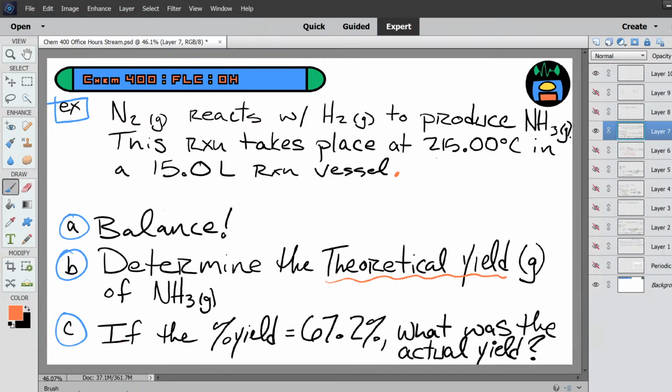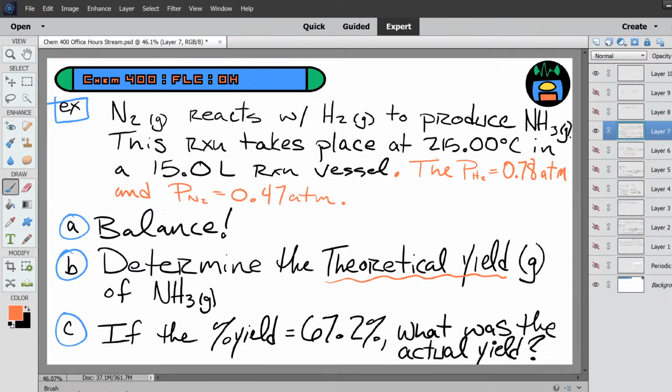So what I'm going to add is the pressure of hydrogen in the vessel is 0.78 atmospheres, and the pressure of nitrogen in the vessel is 0.47 atmospheres.